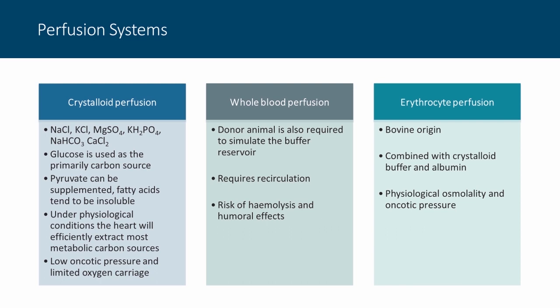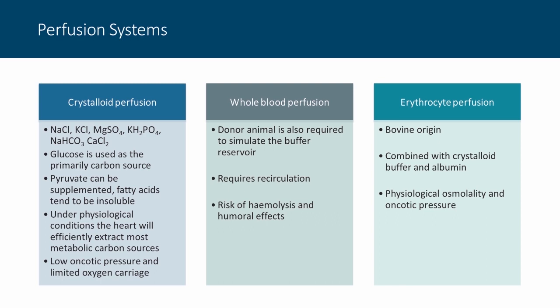To circumvent such an issue, a donor animal can be used to essentially reoxygenate the blood. This recirculation also means that the blood must be inline filtered, which can pose additional issues. Flow rates in the whole blood perfusion system are significantly lower.